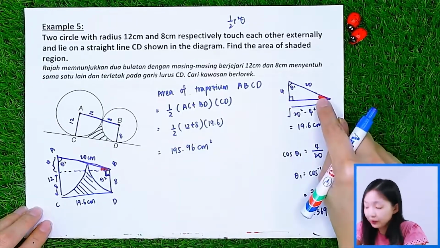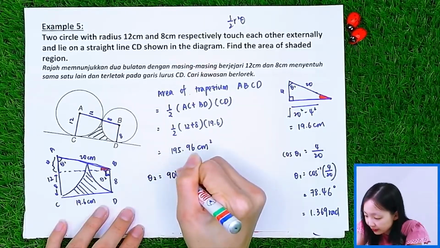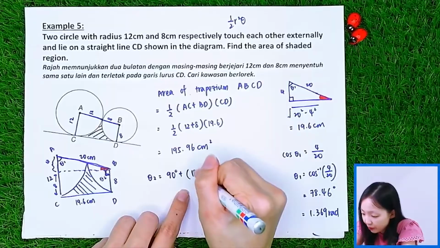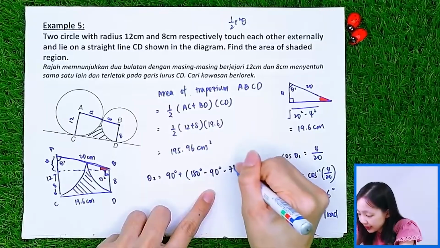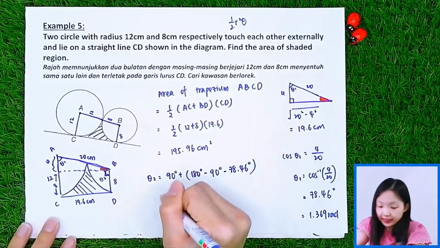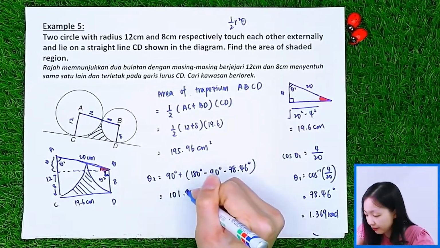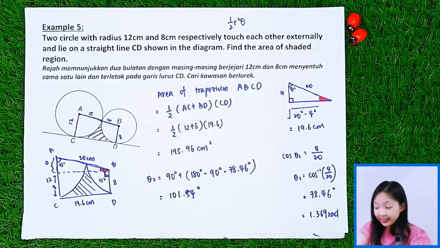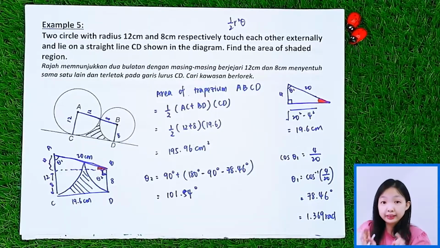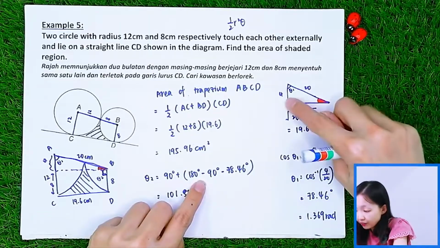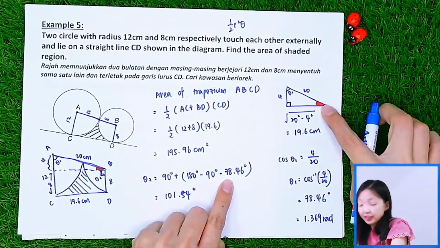So theta 2 is equal to 90 degrees plus this, which is 180 degrees minus 90 degrees minus theta 1, 78.64 degrees. Then you can know that this small angle is equal to 11.54 degrees. Do you know why? 180 is the total interior angle of a triangle, minus the 90, minus theta 1, then you can get this small little angle.